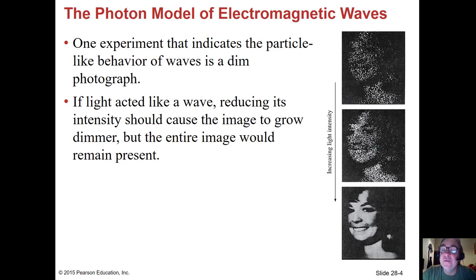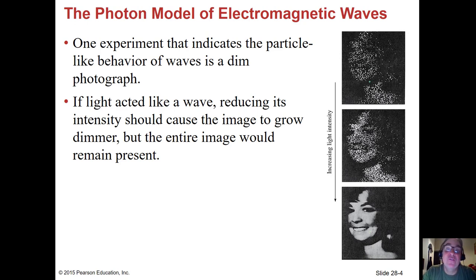Okay, and then the one in the middle is an intermediate case, where you still have some missing spots where photons didn't hit, but when the intensity is greater, you get a full picture. Again, if it was just behaving like a wave, this would just be dimmer. You wouldn't have the splotchy appearance.